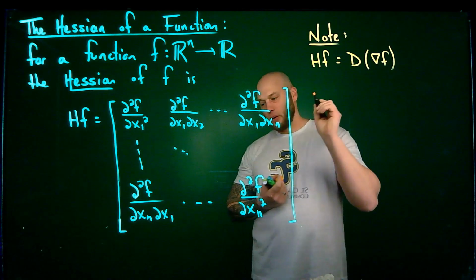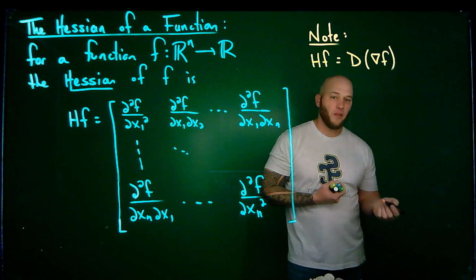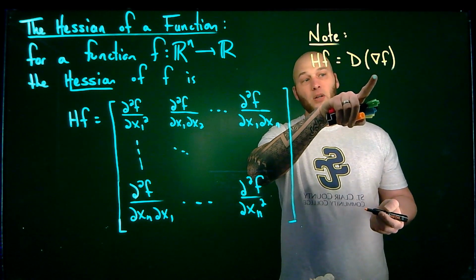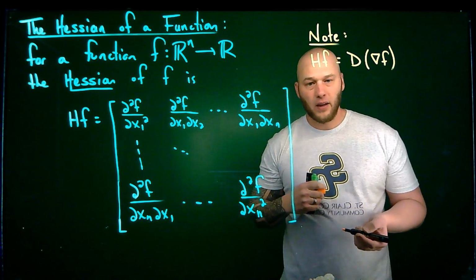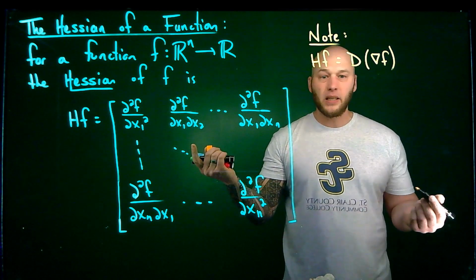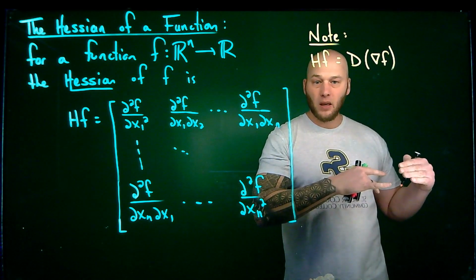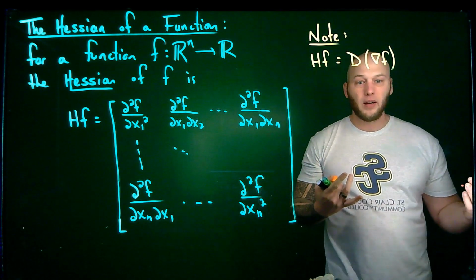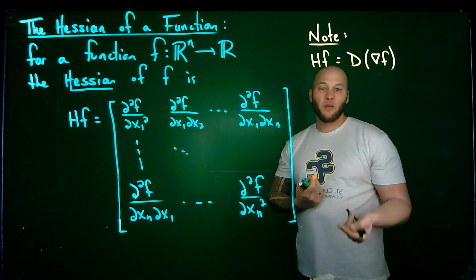The Hessian is the total derivative of the gradient of a function. This gives a much easier way to compute it, because the gradient is really easy to compute, and then I have this list of elements of the corresponding vector, which is the gradient, and then the total derivative. We have a very systematic way of computing that.